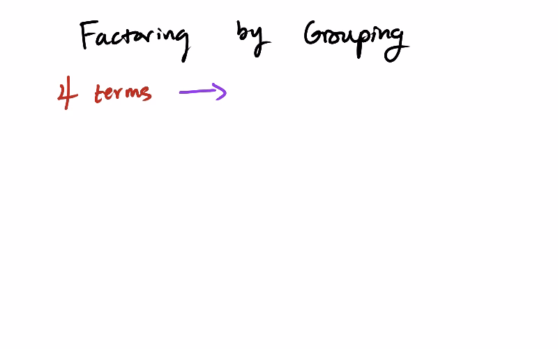So let me give an example of something that could be factored by grouping. It would be something like x cubed plus x squared plus 2x plus 2. This polynomial can be factored by grouping. The grouping things that we use are going to be parentheses.